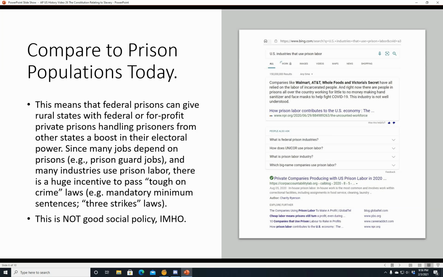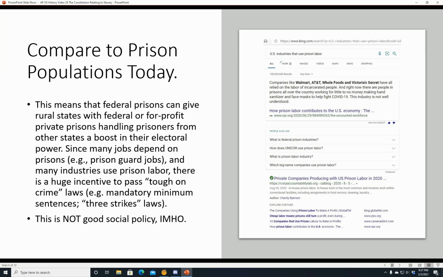So let's say California has too many prisoners and they send somebody to a for-profit private prison in Montana, for example. Well, fine. Then this person who might have lived in Los Angeles and would have been a solid blue Democratic voter is now in Montana, where he's probably going to be represented by a deep red Republican representative.